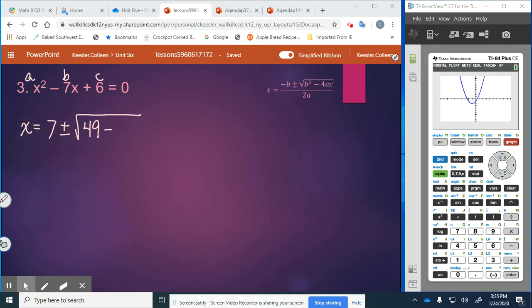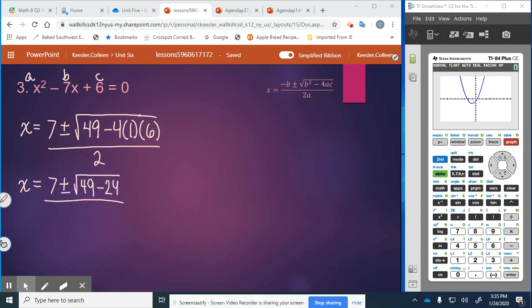49 minus 4 times 1 times 6 all over 2 times 1, which is 2. So x equals 7 plus or minus the square root of 49 minus 24 over 2. So x equals 7 plus or minus the square root of 25 over 2. Another easy one because 25 is a perfect square.